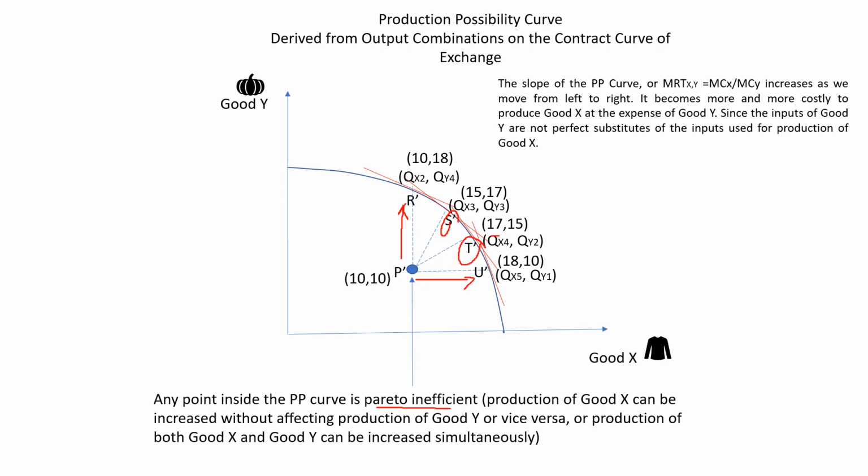So this is what the production possibility curve looks like, which is essentially the outcome of our discussion regarding the general equilibrium of exchange, which plots the various output combinations that are Pareto efficient, which are on the contract curve of exchange.